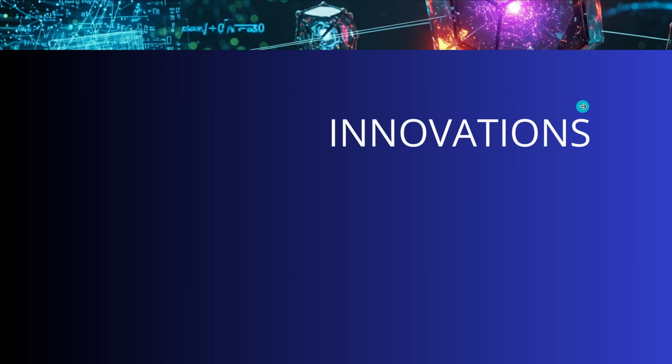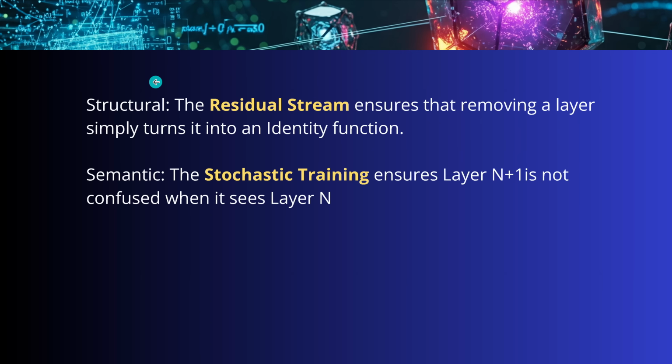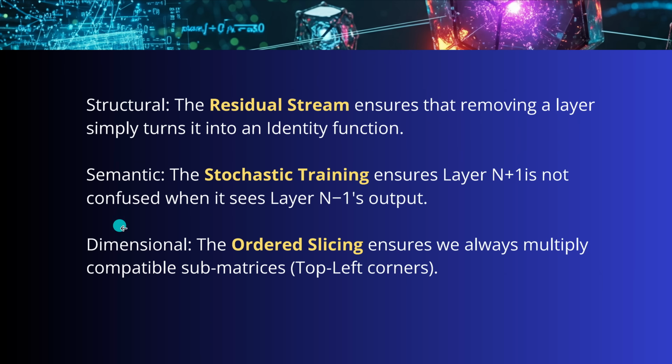So, if you want, a short summary of the innovation: we have a structural innovation, a semantic innovation, and a dimensional innovation. Structural is the residual stream: removing a layer of an architecture simply turns it into an identity function, and using here the residual stream, we can work with this. The stochastic training ensures that layer n+1 is not confused when it now sees the n-1 output.